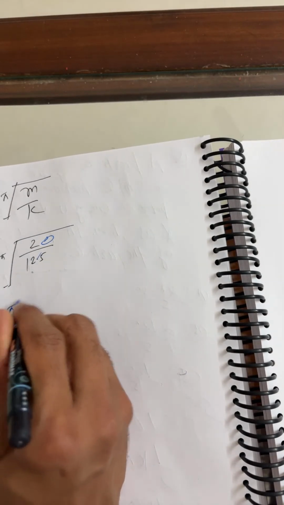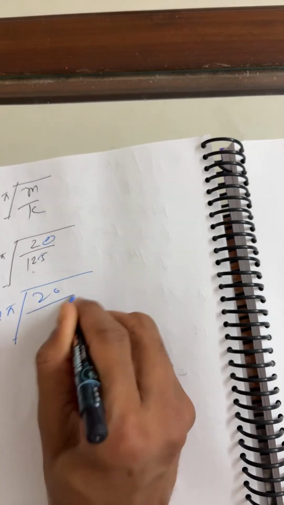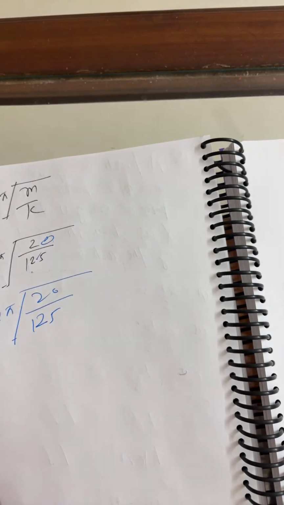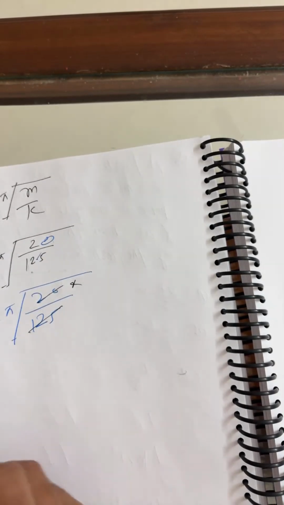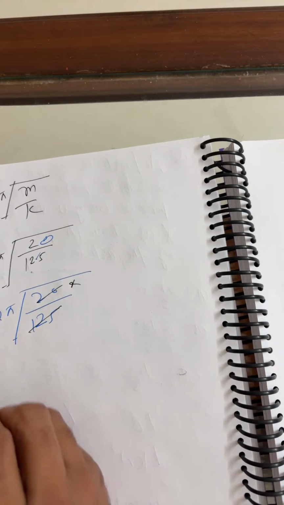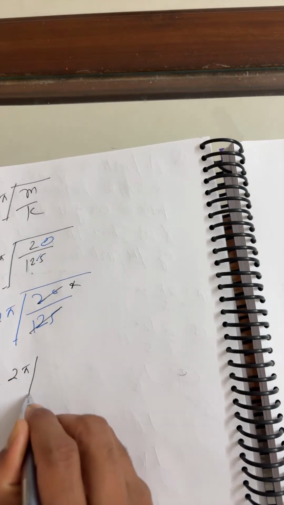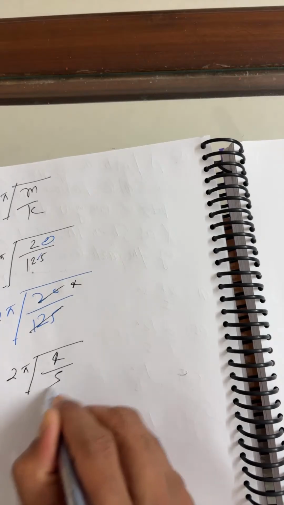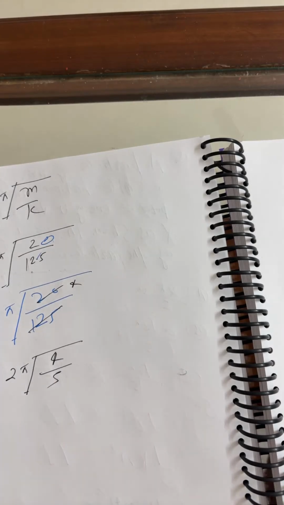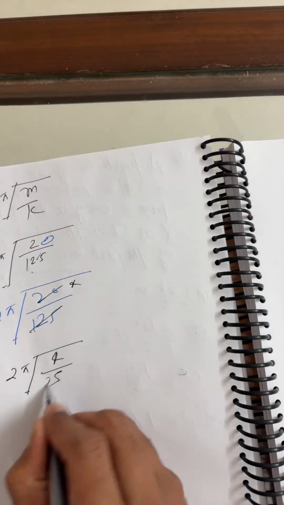So T equals 2 pi root of 20 by 125. 5 times cancels: 5 into 20 gives 4, and 5 into 25 gives 5. So T equals root of 4 upon 5. This is 4 upon 5 here.